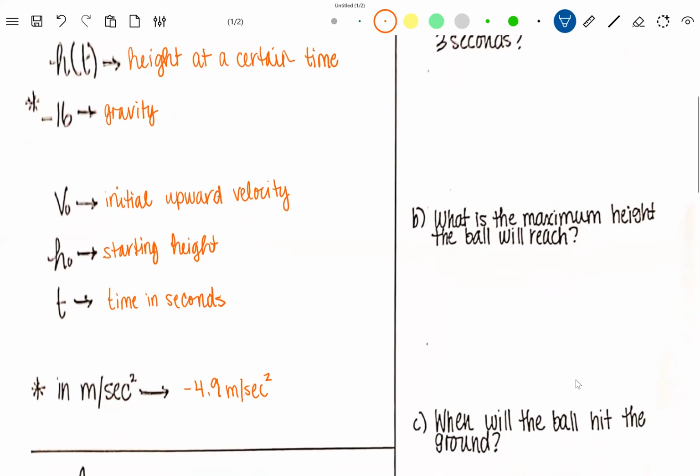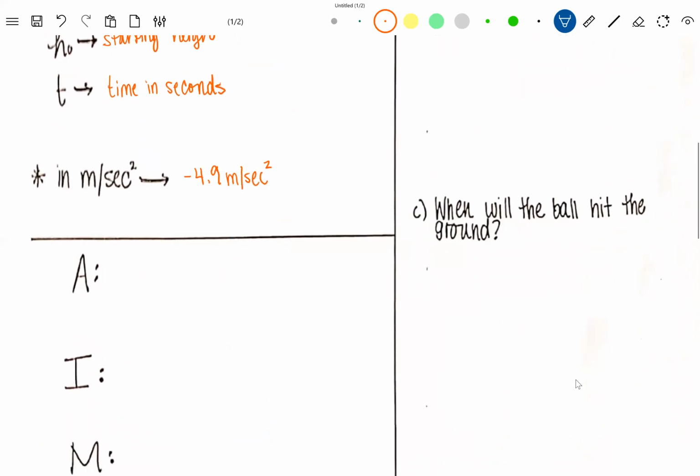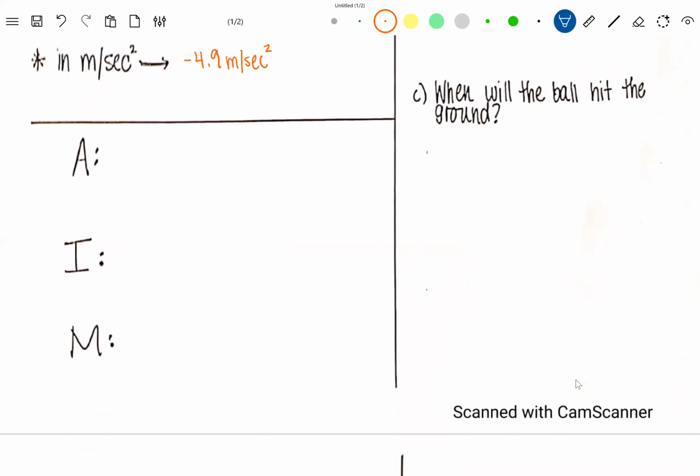Okay. So a couple years ago, Miss Locke and I came up with an acronym to help you organize your thoughts with these word problems. The A stands for what is the problem asking? That helps you determine the variable, what you're solving for.